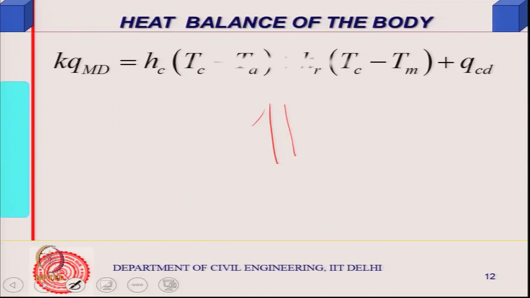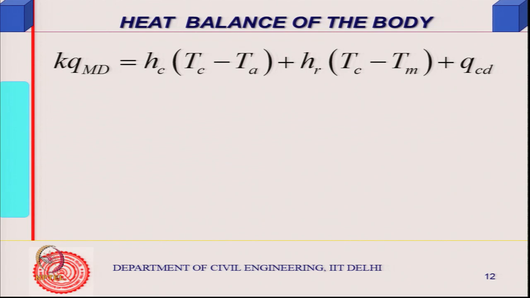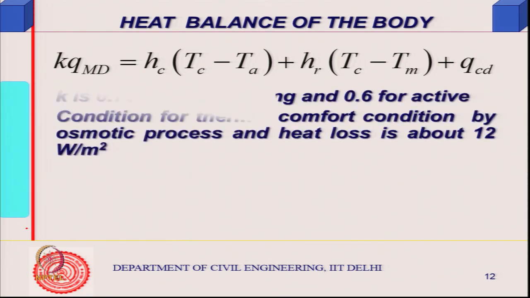So, this is what I said, the Fanger's law which was there. So, KMD = Hc(Tc - Ta) + Hr(Tc - Tm) + QCD.